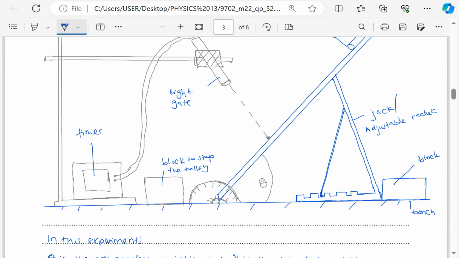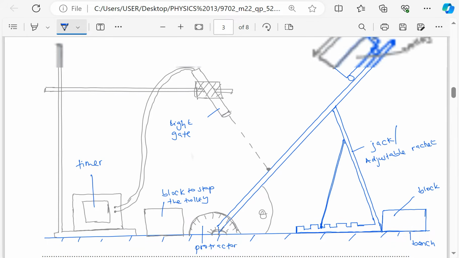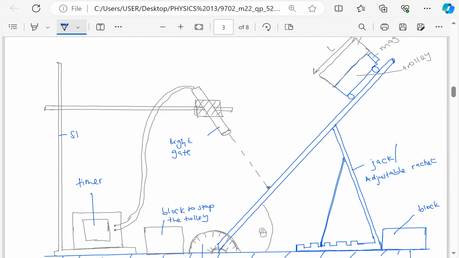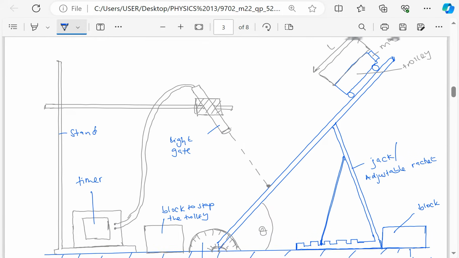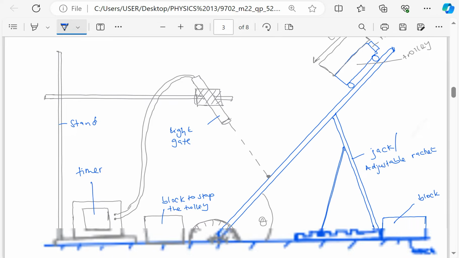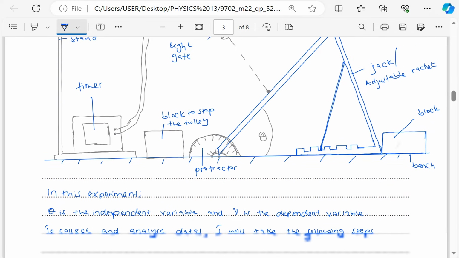And then this is a protractor. So we have a stand here. What else? I think this is all I need for this experiment. I've tried to include everything that I need. So I think the rest I just need to put in writing.